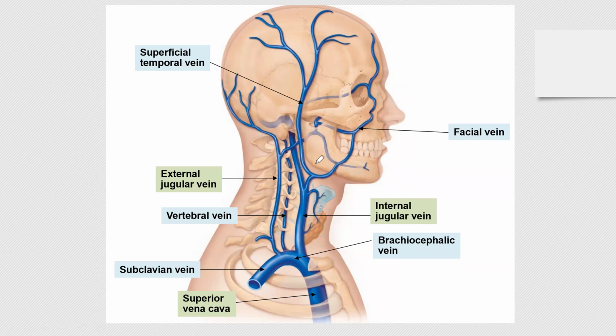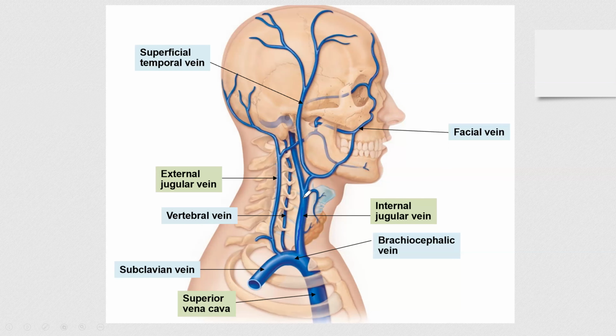Now over here we can see how we collect blood from muscles and skin of your head and face. So this is superficial temporal vein, this is facial vein, and it all collects to the internal jugular, right? Yeah, so this collects to the internal jugular, but some of this blood also collects through the external jugular.